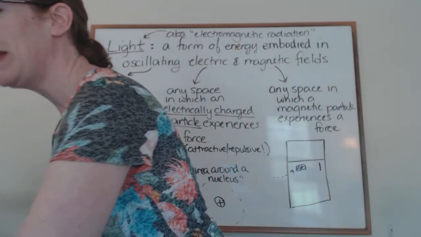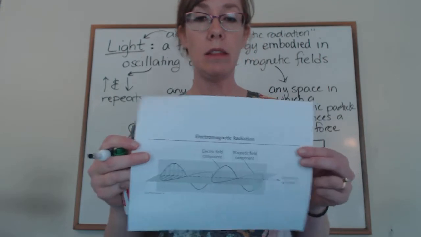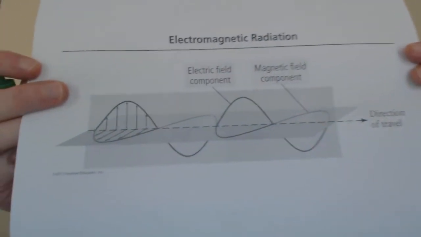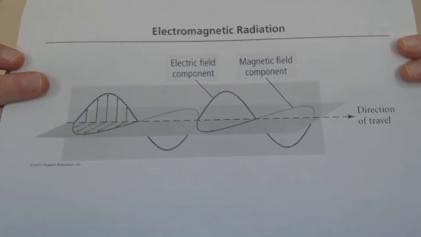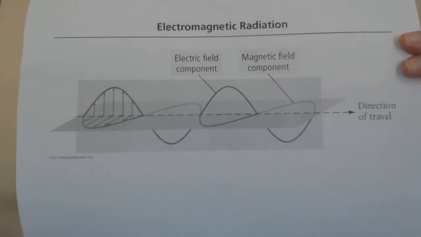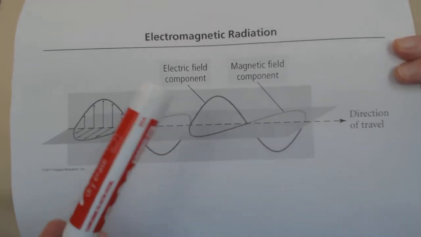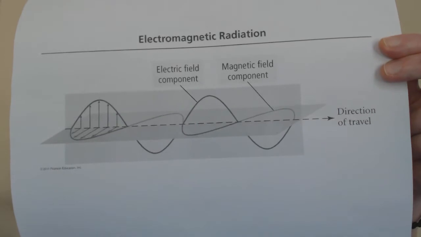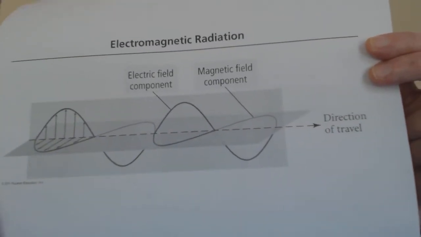Now, this picture, obviously I don't have my slides for you. I just printed out the slides that I thought were kind of helpful. These are all from the textbook. But this is what a picture of light is. You can see that, first of all, light is also called electromagnetic radiation. You can see that you have two components. You have the electric field component right there, and you have the magnetic field component right there, and they oscillate, they go up and down, and they also are perpendicular to each other.